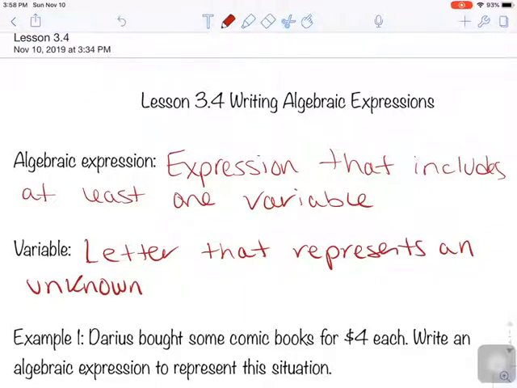This can be any letter A through Z, so you can pick whatever letter you want. So again, an algebraic expression is just a math expression that includes at least one variable, and a variable is a letter that we use when we do not know what something is. So it's representing an unknown, and so we will do an example of that right now.